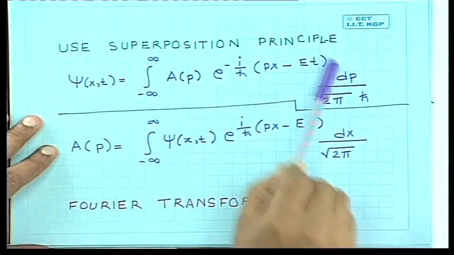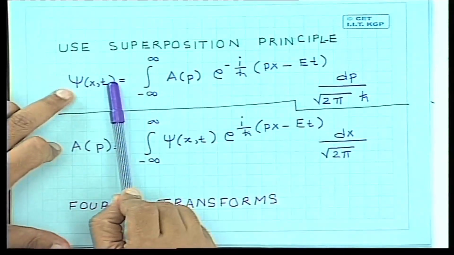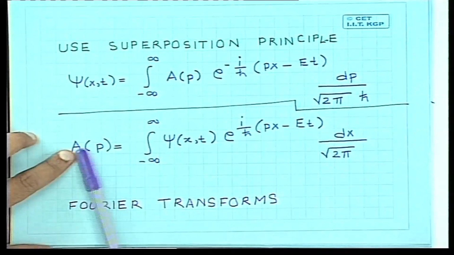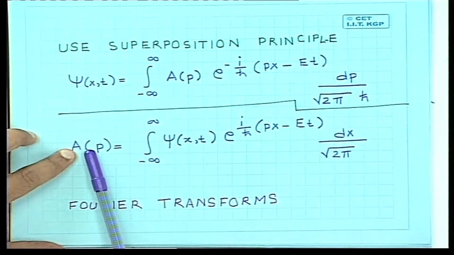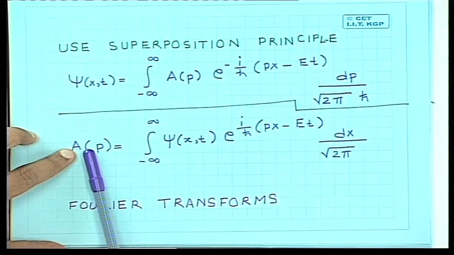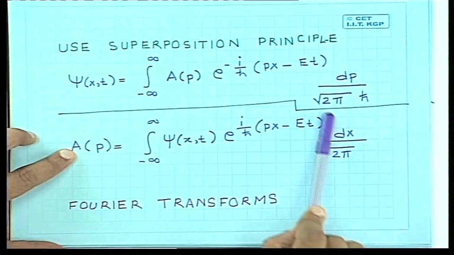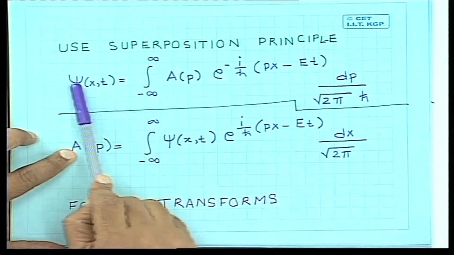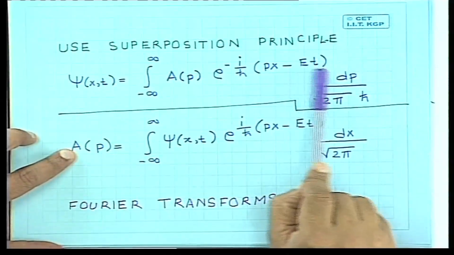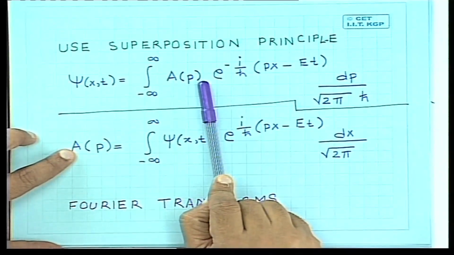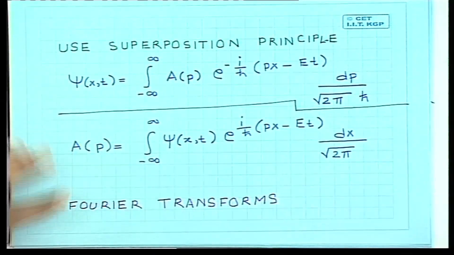So when you invert this relation, you will find that the A of p which you get is not dependent on time. The time dependence here arises because of this. There is no time dependence in this A of p. Okay, so this is correct. There is no doubt about this.